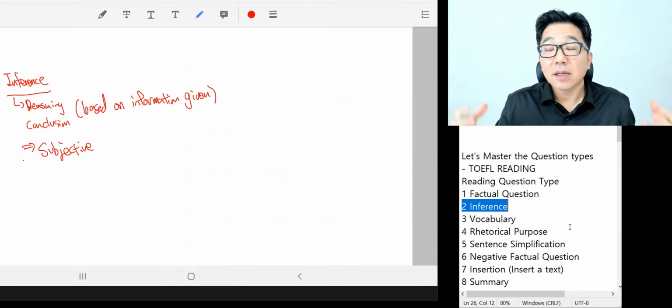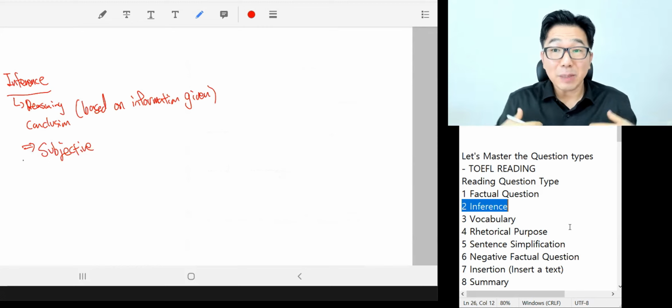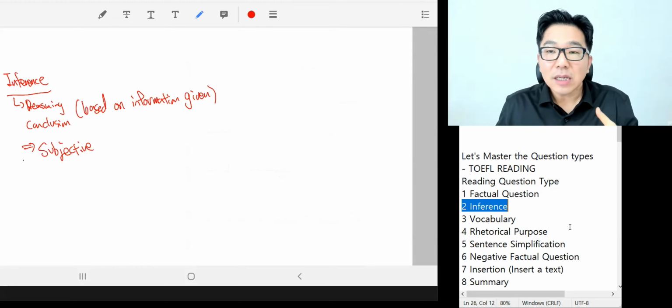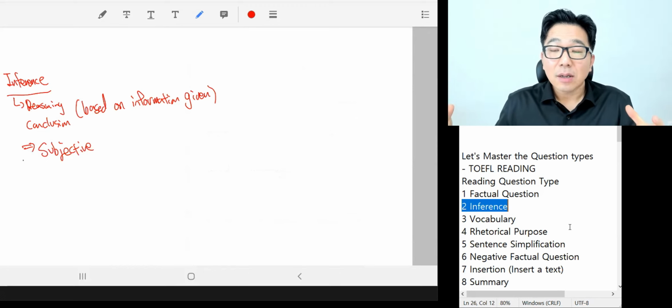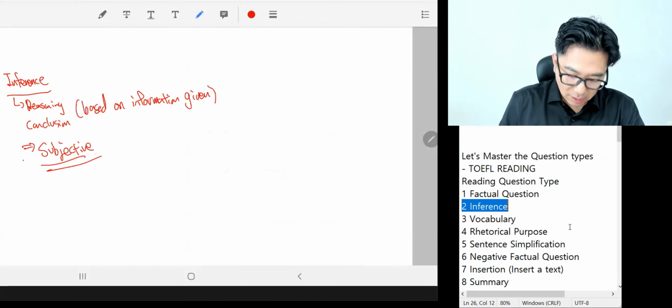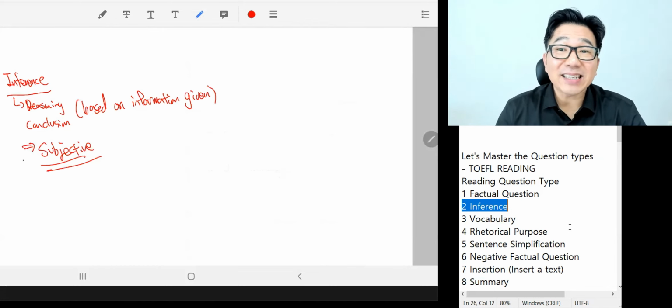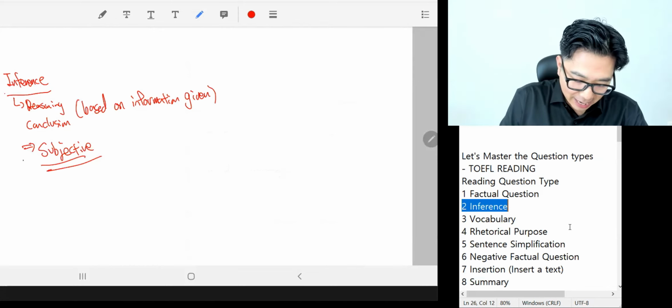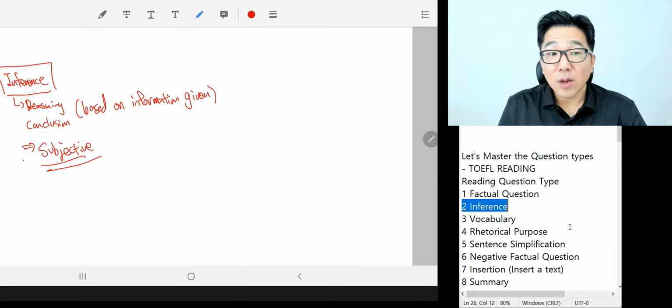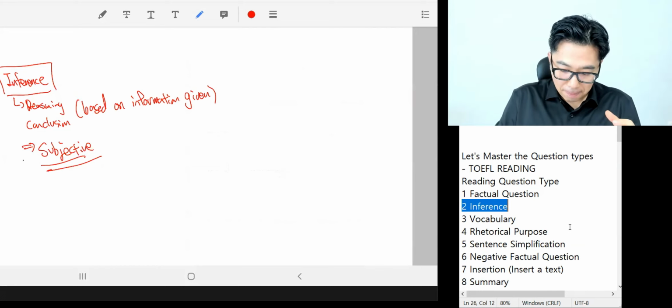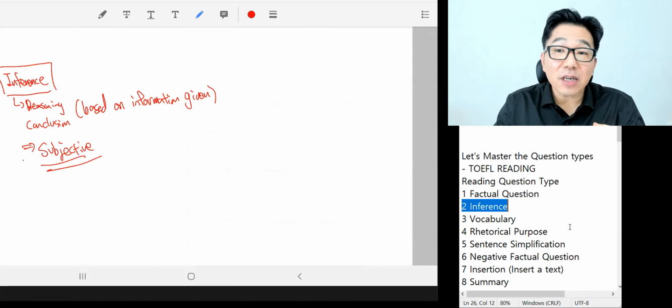When my friend received the same information as me, his inference, his conclusion, his decision may be different from mine, right? So how can TOEFL, which is a standardized test, ask inference which could be subjective? Can they do that? Absolutely not. So inference means a little different in TOEFL terms. We have to understand that.